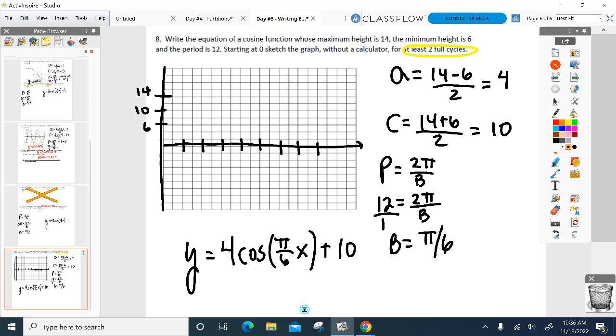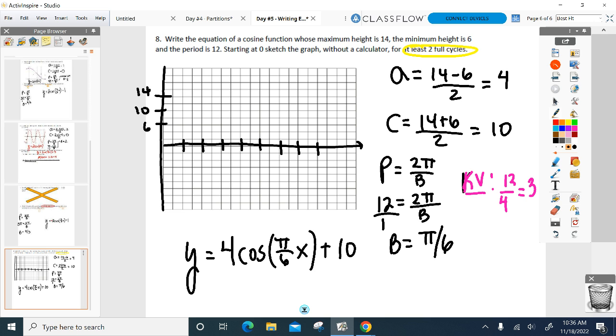All right, how do I set up my x-axis now? What do I need to know for the x-axis? Key values, right? How do I figure out key values again? Come on, we just finished. Period 12 divided by 4, so I'm going to go every 3.